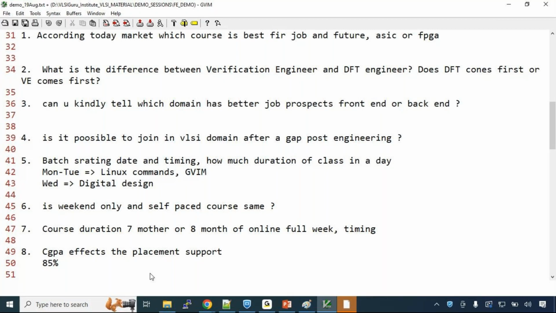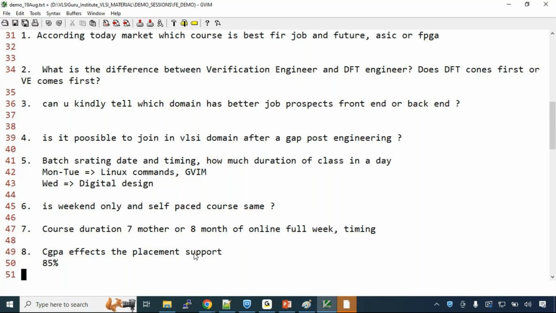What if it is 65%? You still have a very good chance because the minimum cutoff is 60%. Below 60% you have to be a bit worried because not every big company will consider you. Startups will consider you, but even there you have to put in effort. Startup doesn't mean they will hire anyone, because they also have to pay salary. When they pay salary, they will see whether you come with the minimum expertise or not.